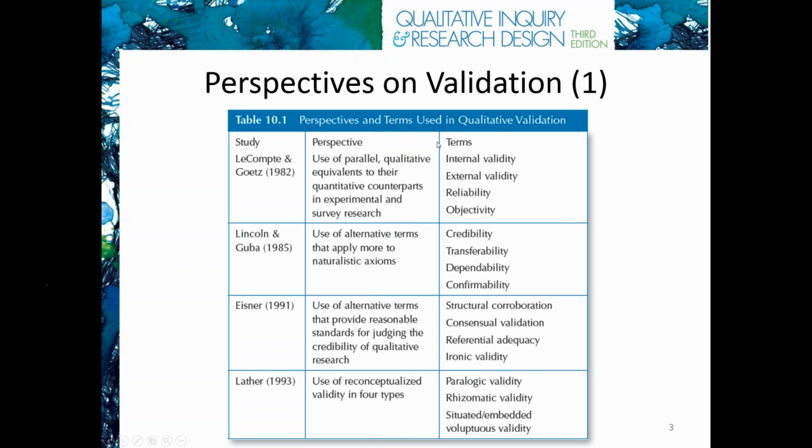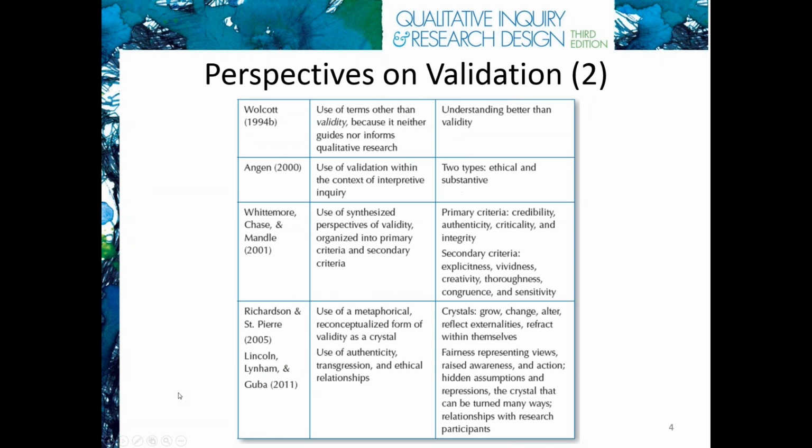But these nice charts tell you who the seminal researchers are for that area, the types of perspective they use, and then the types of validation that it goes towards. We're not going to go through each of these now. This is just one perspective, and it's mostly a historical perspective. These are all seminal researchers in qualitative research. You can choose to pick one that would fit your approach to your qualitative research.